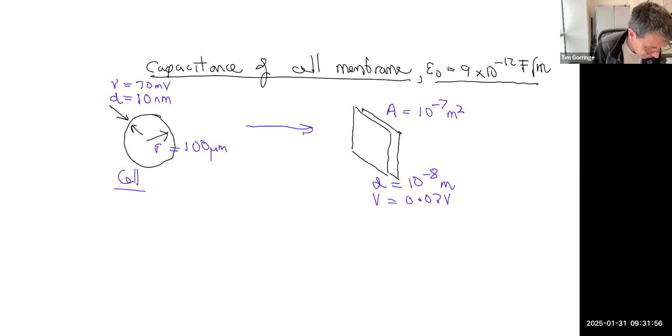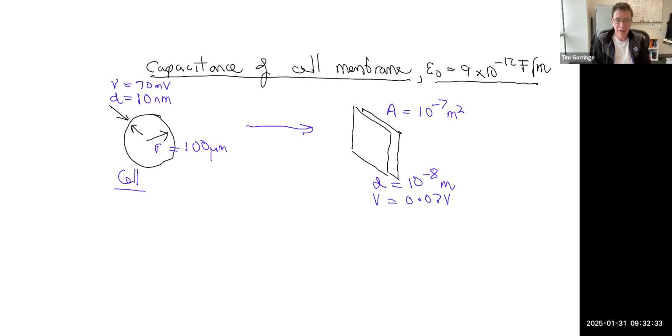I pictured the cell over here on the left-hand side, and then an abstraction of the membrane over here on the right-hand side. If you think about a cell, it's a bag of salty water surrounded by an ocean of salty water, where there's different concentrations of the salts inside the bag and outside the bag.